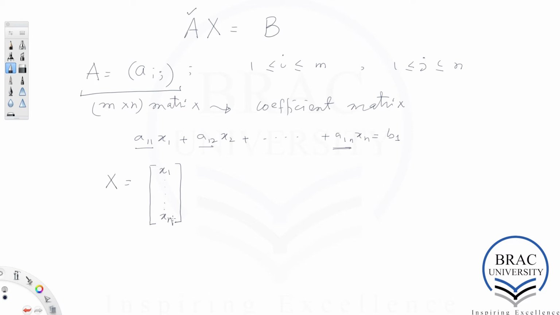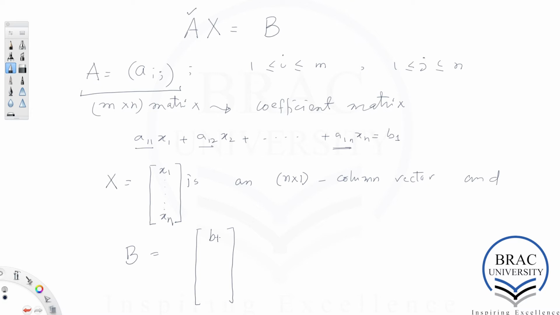This is an n times 1 column vector, and b is the matrix of the corresponding constants appearing on the right side of the system.